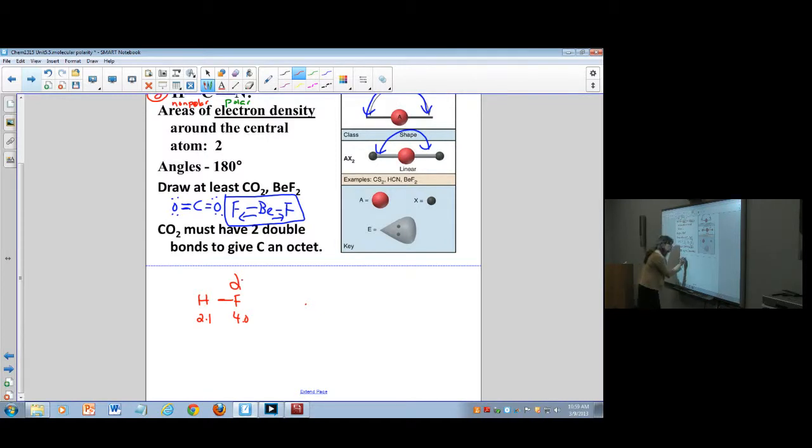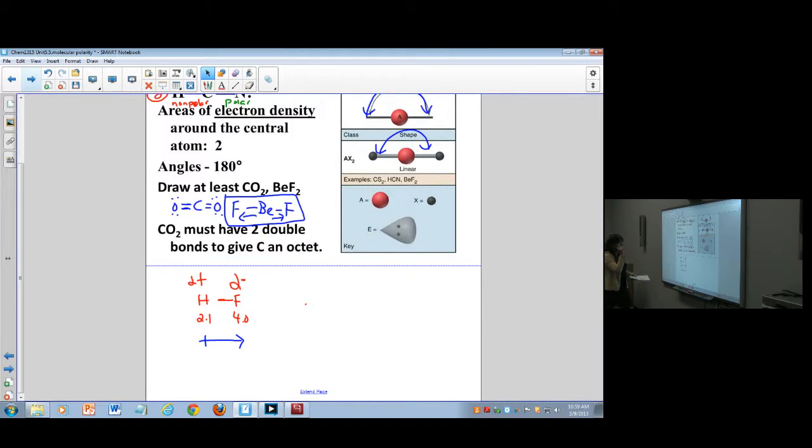This is given with this little delta sign, meaning partially negative and partially positive. There's another way you can indicate this: indicating that the electron from the hydrogen is getting pulled towards the fluorine, you draw an arrow in this direction with that little slash sign. We've gone over that before, but I just wanted to remind you.